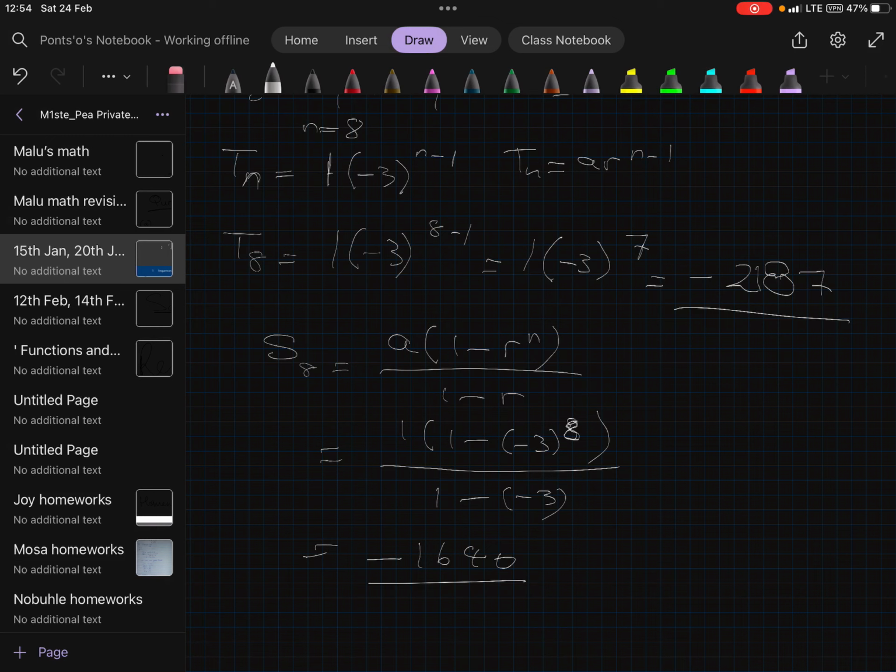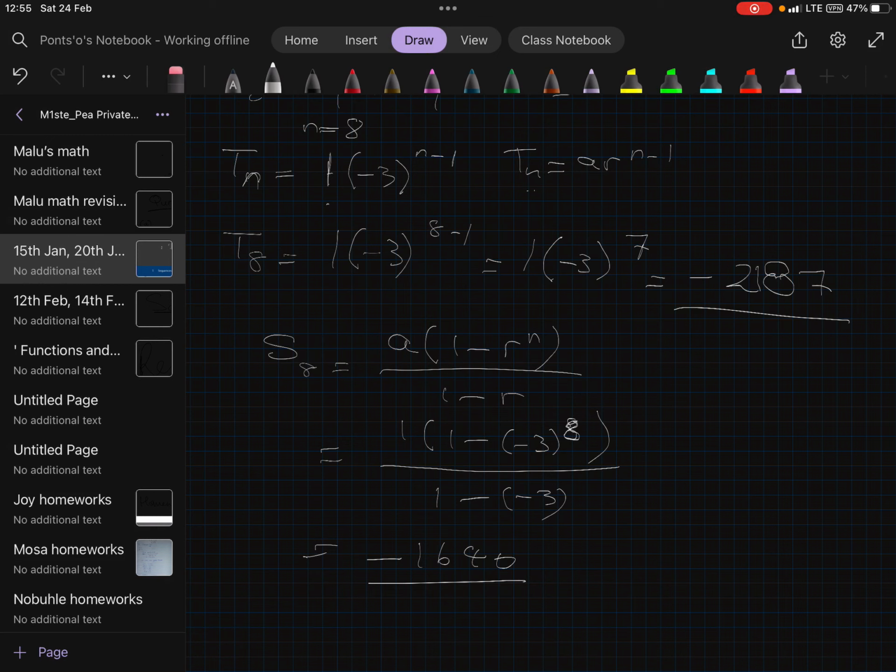Remember the formula Tn equals a times r to the power n minus 1? Now we're going to substitute n equals 8, a equals 1, r equals -3, and again, n equals 8.